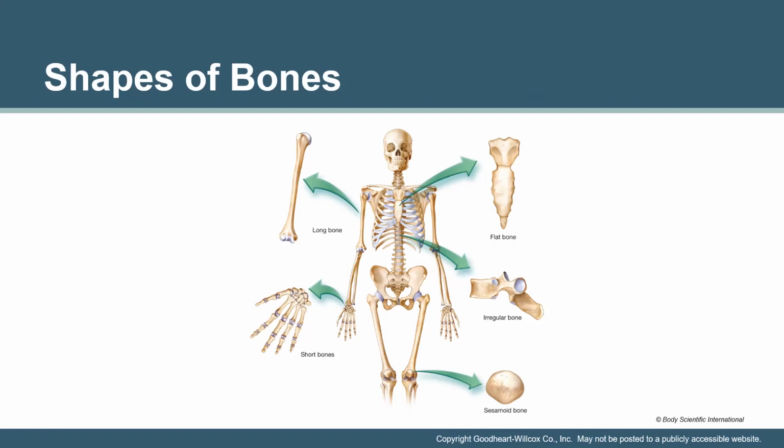When we get into the depression and opening category, we have depressions that are known as fossas, that are shallow depressions. We have depressions known as sinuses. Sinuses are cavities. They're usually hollow and they're filled with air.